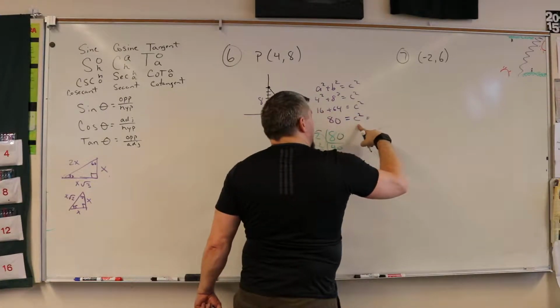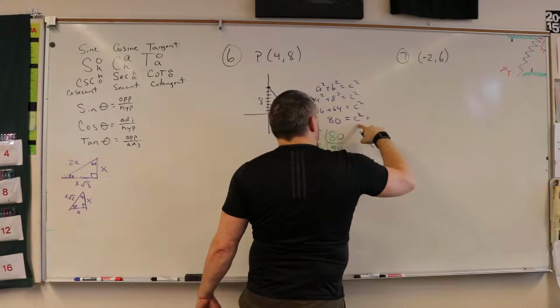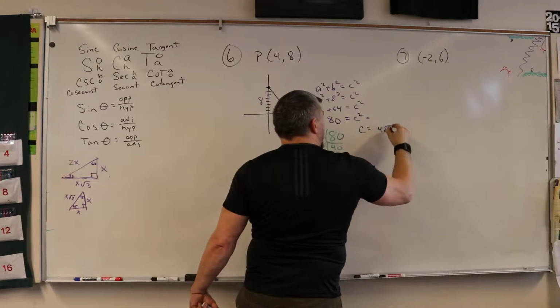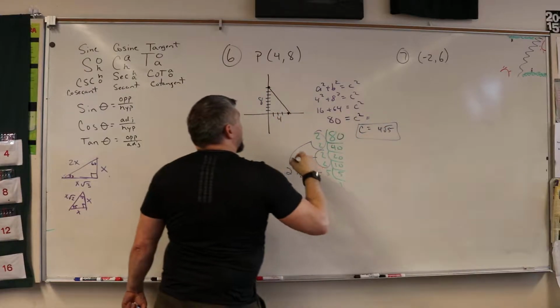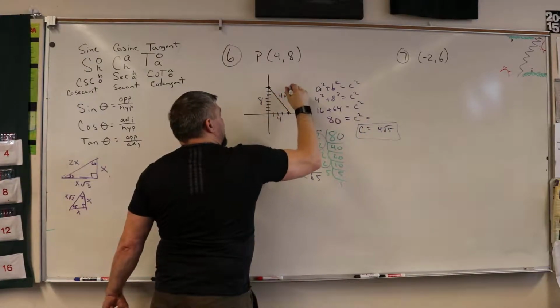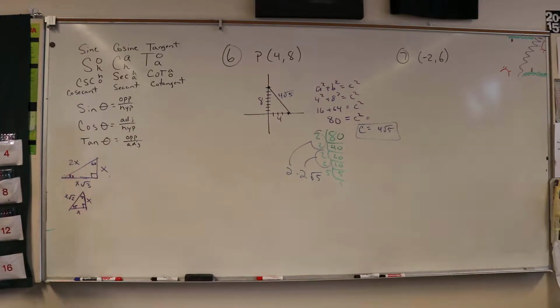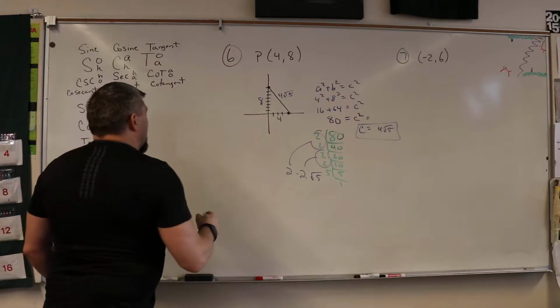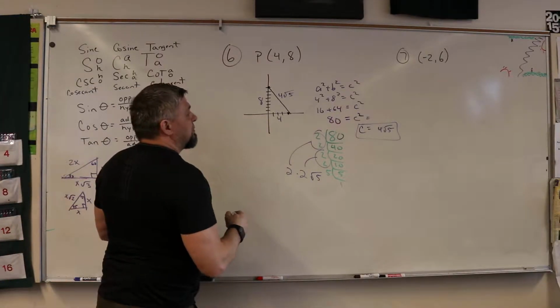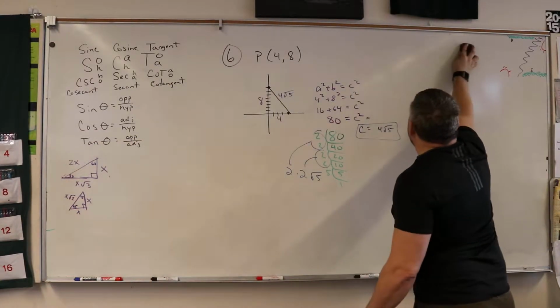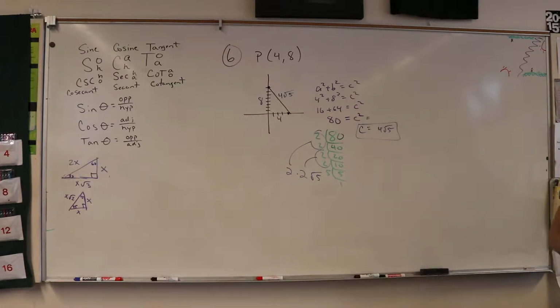So c squared is... c is equal to 4 square roots of 5. Okay? So this is 4 square roots of 5. Alright? So now we know what all the sides are, and we can start writing it. So, alright, I'm not going to do 7 here. I'll do 7 on the next one. Okay? We're just taking up too much room.